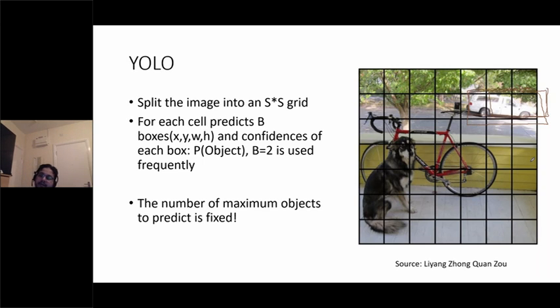Yes or no? But they represent the same object. We should keep only one. So if we want to keep only one, we need to do some trick, and this trick is called the non-maximum suppression.